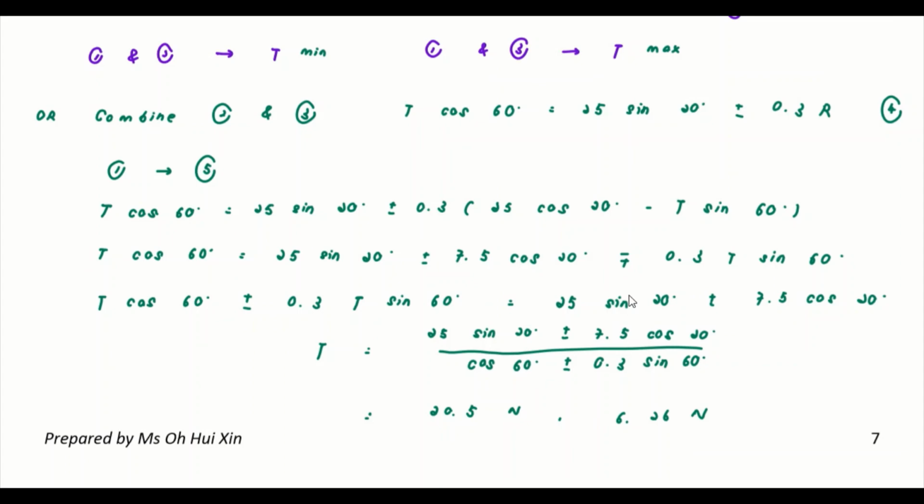It's just that I can exert a minimum T so that it's in equilibrium and didn't slip down. Then the other point is I want to exert the maximum T, but it's still not enough for me to actually pull it and cause it to slide up the slope. Okay, so this is the idea of these two answers.